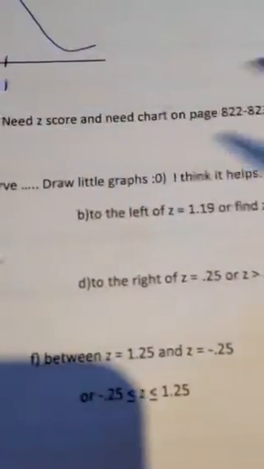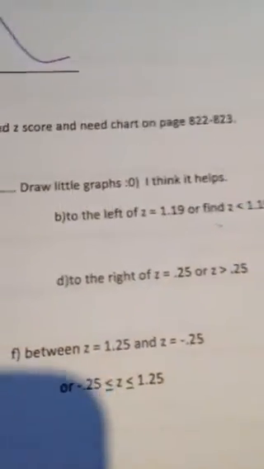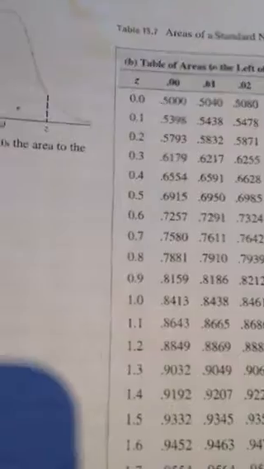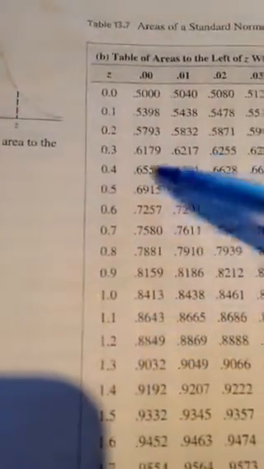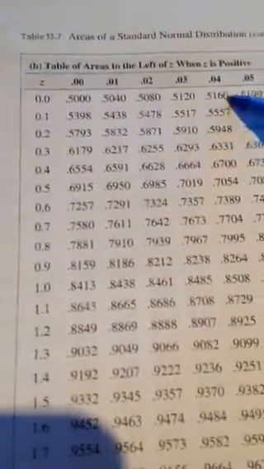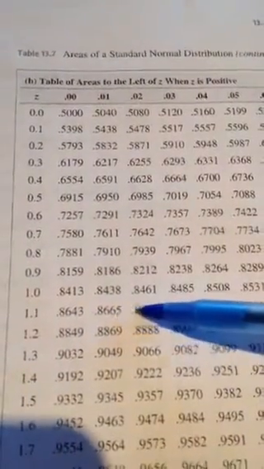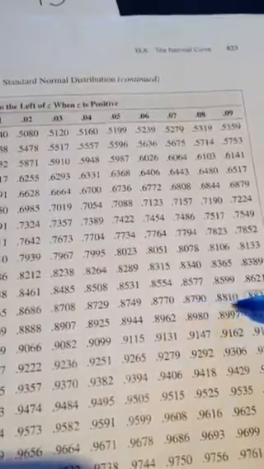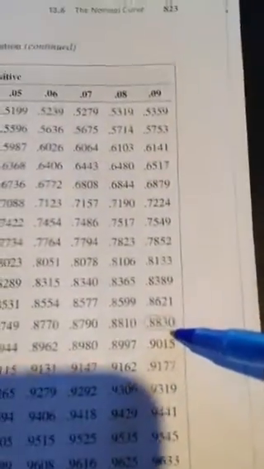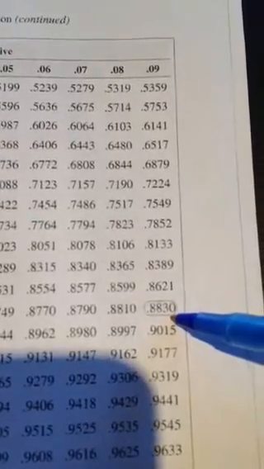All right, let's do this one. To the left of z equals 1.19, okay? So look at your chart. Now here's 1.1. Now to get the 9, you look at the top. See these top numbers? That's in the hundredths place. So you're going to go 1.1. This is 1.10, 1.11, 12, 13, 14, 15, 16, 17, 18, 19. This is 1.19. That's the area, 0.8830.